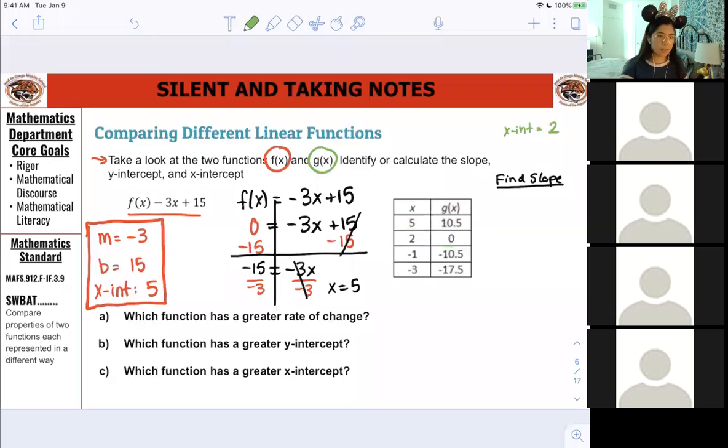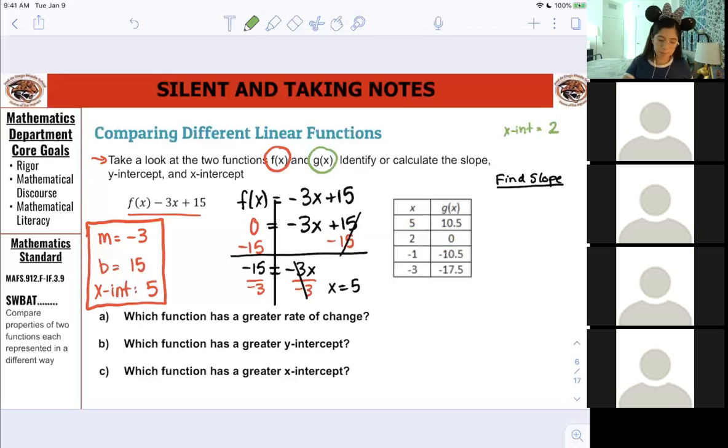So I see a couple people have already sent me answers. Yes, you can use your calculator. And don't forget to divide at the end. Okay, a few more seconds.